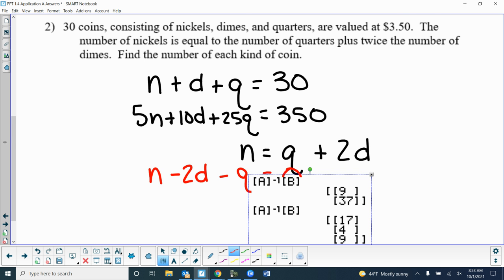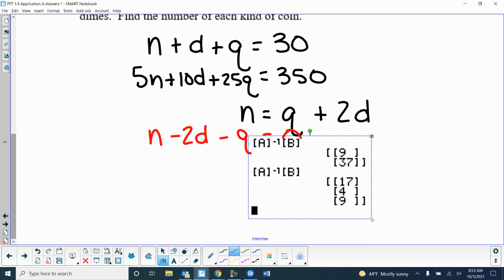So 17 nickels, 4 dimes, 9 quarters. Question? Nolan? On the B1, when you put 350, or I'm sorry, 320, wouldn't you put like 3.20, not 320?